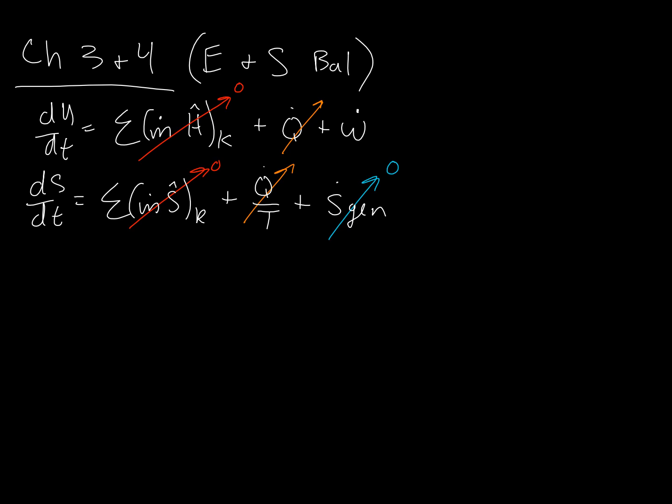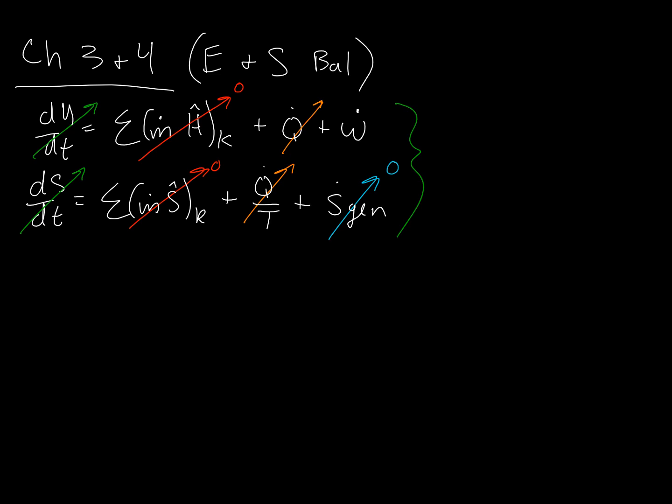What happens when we have a steady state system? These all go to 0. Piston cylinder device, open system, adiabatic system, reversible system, closed system. All of them start off with these two equations.